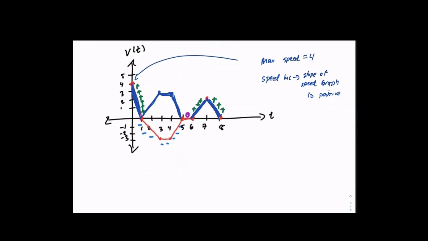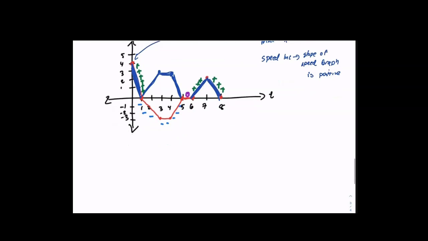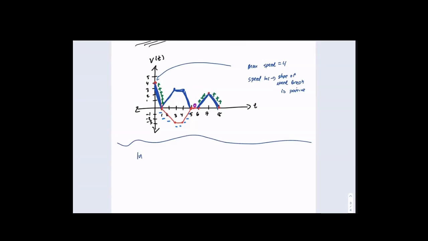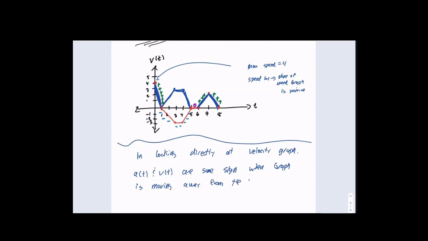Yeah. Now, some people will trace the speed graph over there. I don't like to do that. This is typically a physics trick: looking directly at the velocity graph, a of t and v of t are the same sign when the graph is moving away from the x-axis.